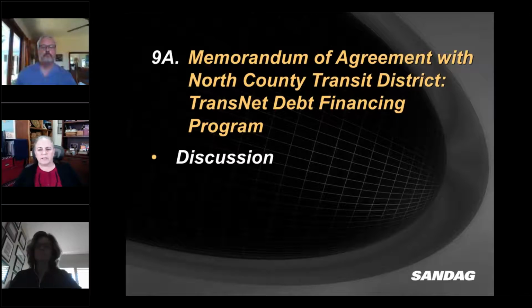And the term benefits doesn't necessarily just mean the economic benefit, which of course would mean the cost of borrowing would be less than the cost of the project if they waited until the TransNet funding was all collected and available for PAYGO. But it can also include other benefits such as community benefits. So now I'm going to go ahead and pass it on to Linda to discuss the NCTD project.